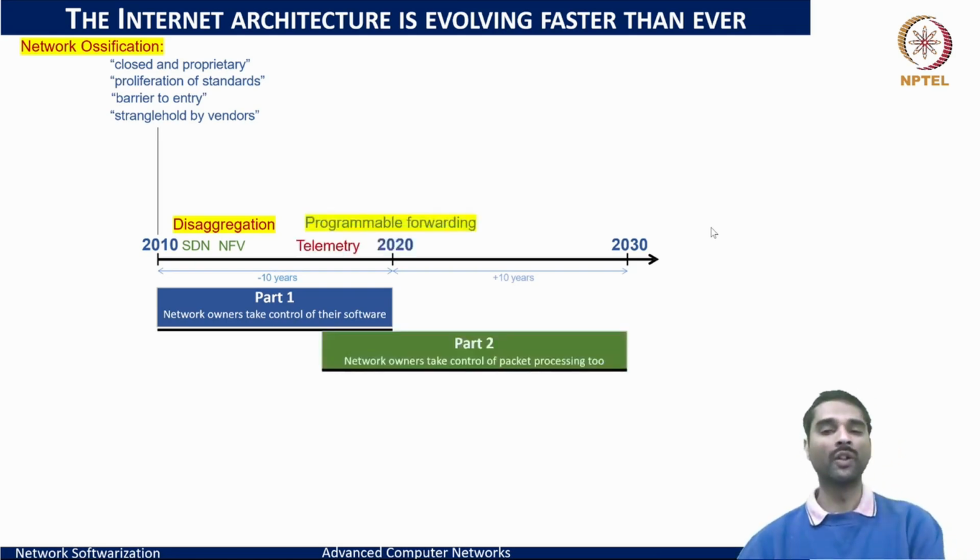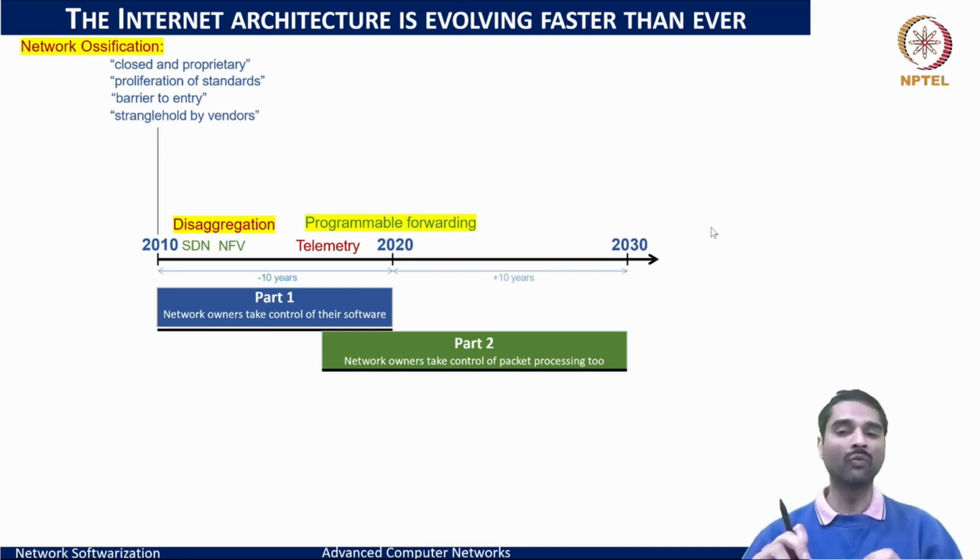And the future, or the third phase, what I call programmable forwarding, is where the network owners not only take control of the software, but also control the way the packets are processed, having the ability to program precisely what the network needs to do for them, rather than relying on third-party software or vendors to define and dictate what the network would do.